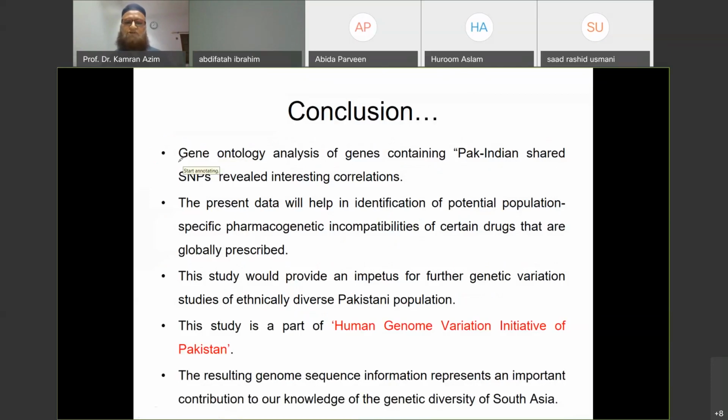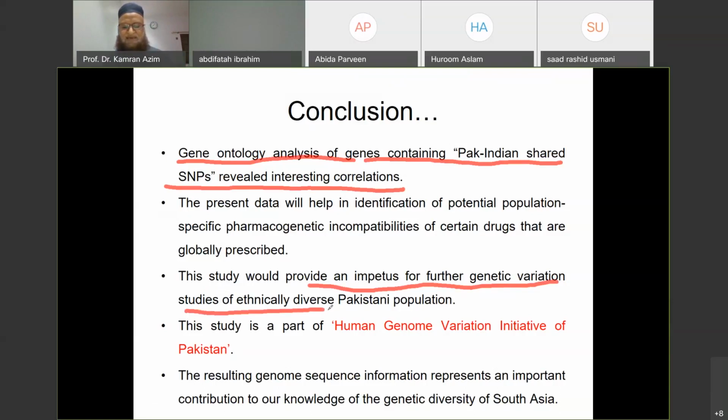Gene ontology analysis, or gene classification analysis, of genes containing damaging and shared SNPs revealed interesting correlations. The present data can help provide further information for further genetic variation studies of the ethnically diverse Pakistani population. As we know, the Pakistani population is not homogeneous. It is an ethnically diverse population from different regions and provinces of Pakistan.